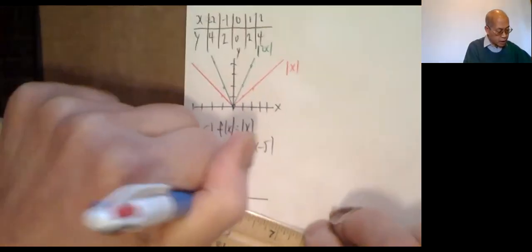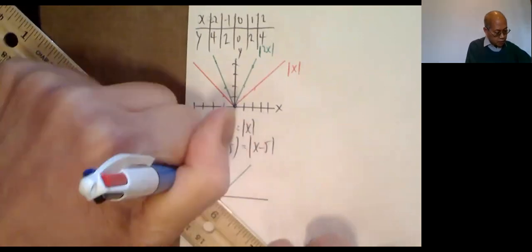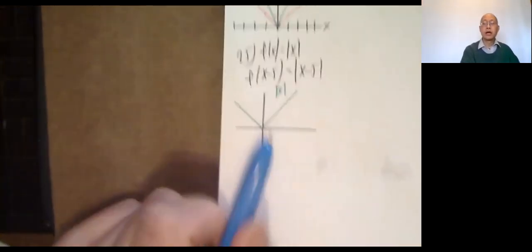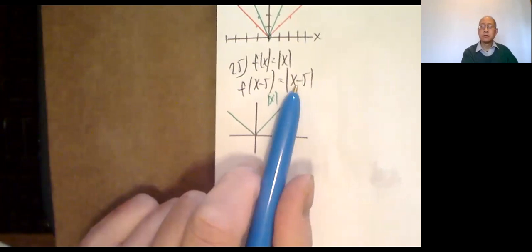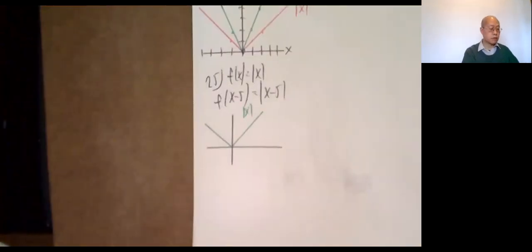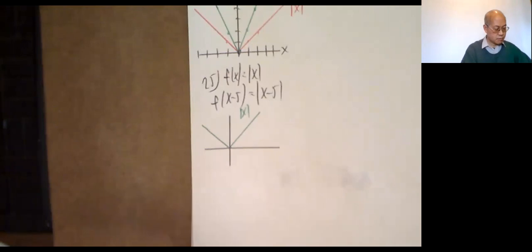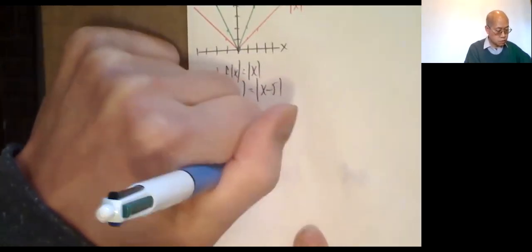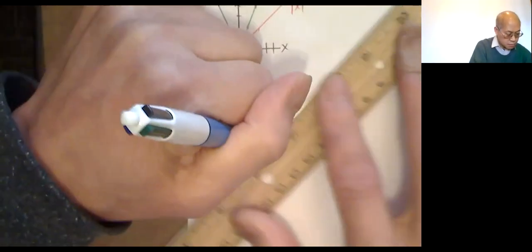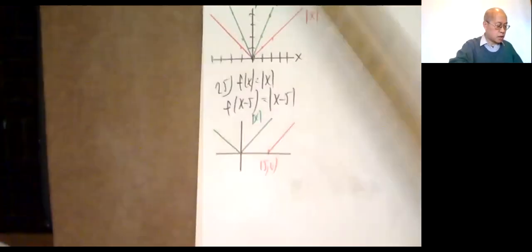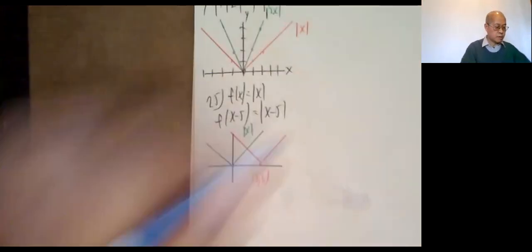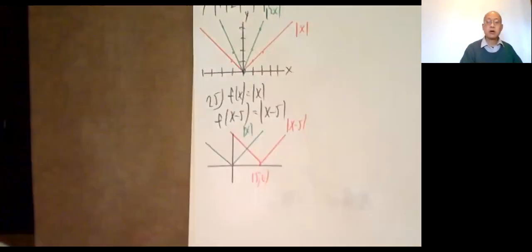Goes up at a 45-degree angle, comes down at a 45-degree angle, like that. And what does that do? 5 units to the right. So instead of 0, 0, it's 5, 0. I'm going to try to draw the same thing. So there we are.